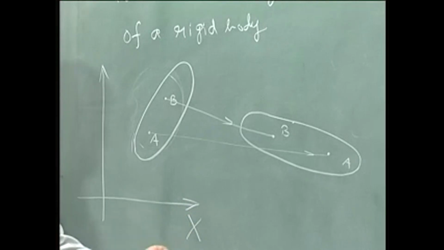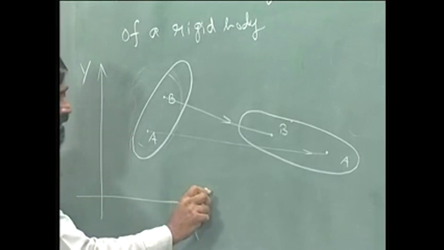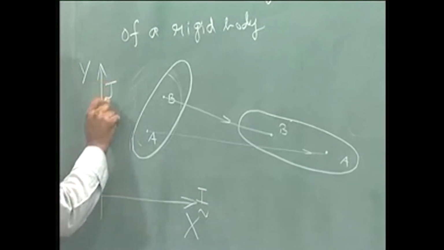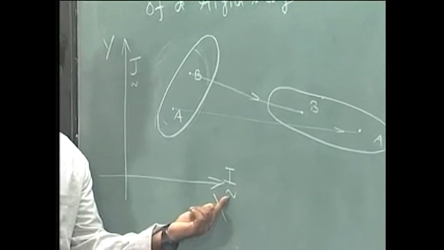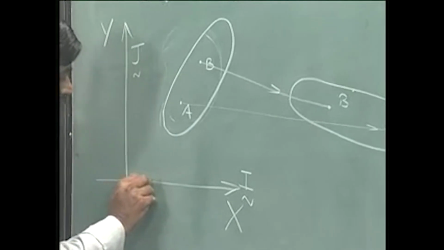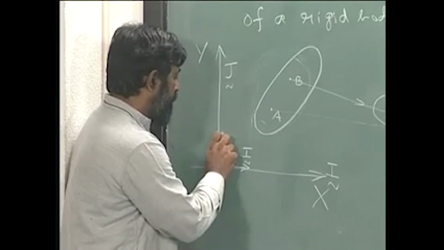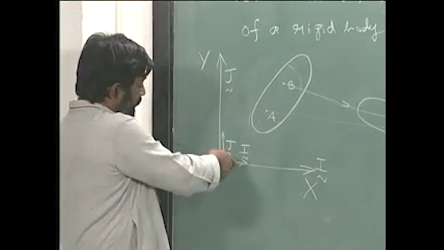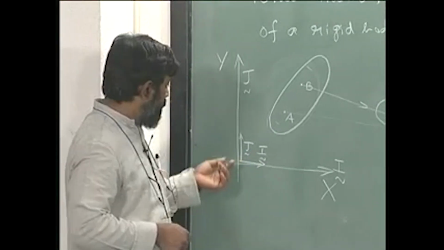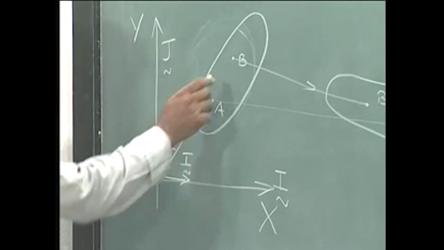For any fixed frame we are going to use capital letters, okay, say X and Y, or capital I and capital J. When I put a wiggle here, it means vector. Okay. So, I have a unit vector along this direction which is I, a unit vector along Y which is J. K will be the outward unit vector.